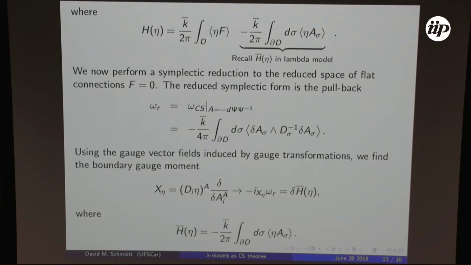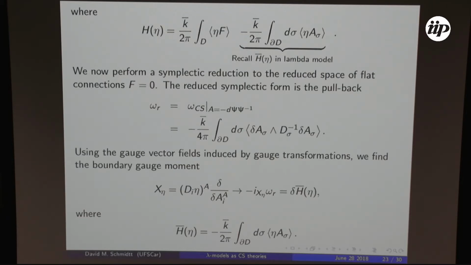When you do so, you find that all the information of the theory is contained on the boundary. And the sigma inverse is just a formal notation. If you invert this transformation, you'll find the current algebra on the boundary.